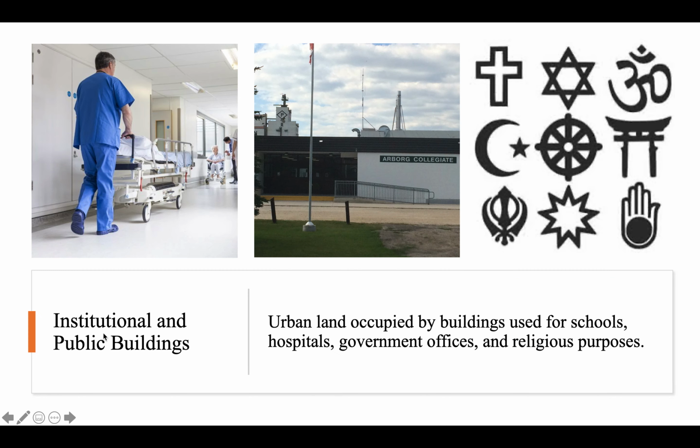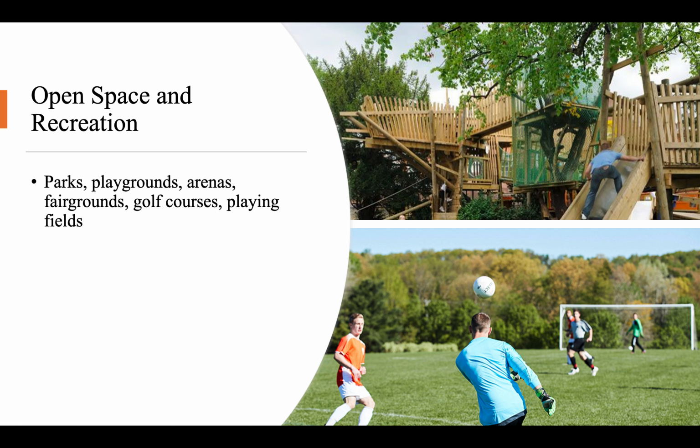Institutional and public buildings includes urban land occupied by buildings used for schools, like ACI, hospitals, government offices, and buildings used for religious purposes. Open space and recreation includes parks, playgrounds, arenas, fairgrounds, golf courses, playing fields, things like that.